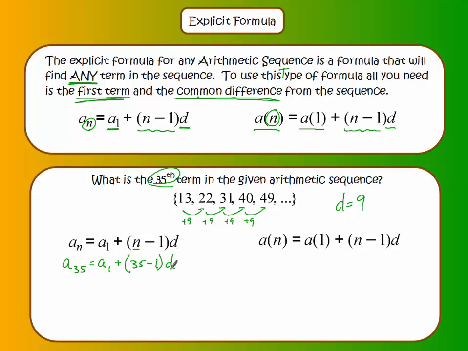All right, well, what kind of stuff do I know? I know the first term is 13, so I can substitute that in for a sub 1, and I know d is 9, so I can substitute that in. So a sub 35 equals 13 plus 35 minus 1, which I'll simplify to 34, times 9.